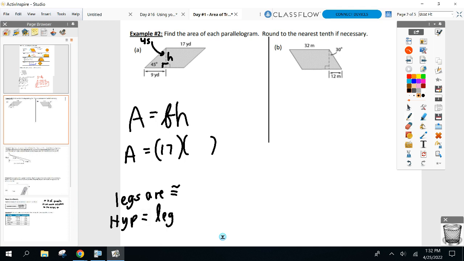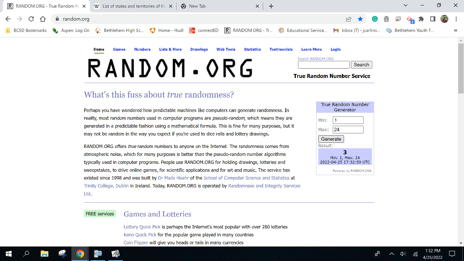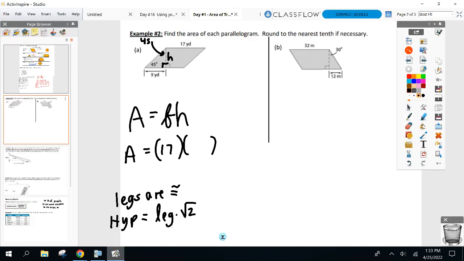Leg times square root of 2, not square root of 3. That's coming up. Even I know I don't need the hypotenuse. So now using those rules, I see the 9 is across from the 45 and so is the height. So what's the height measure then? Also 9. 2 legs are congruent.